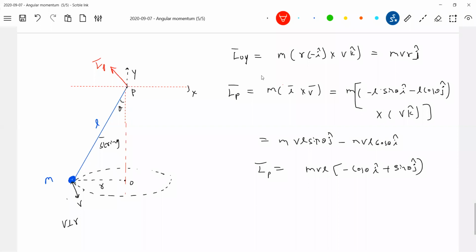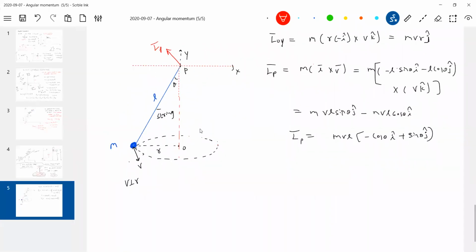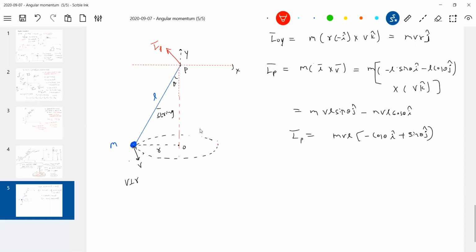But what about direction? Sir, is it always like this? No. When the same bob comes to this position, I'll show in the next diagram. So here the magnitude is constant, but the direction will be continuously varying. This is a very basic problem which will help us a lot in going for next complicated objects, when we go for different shaped objects.